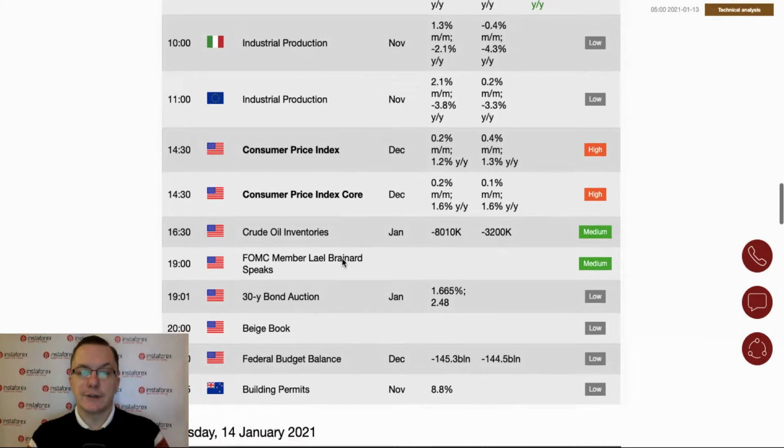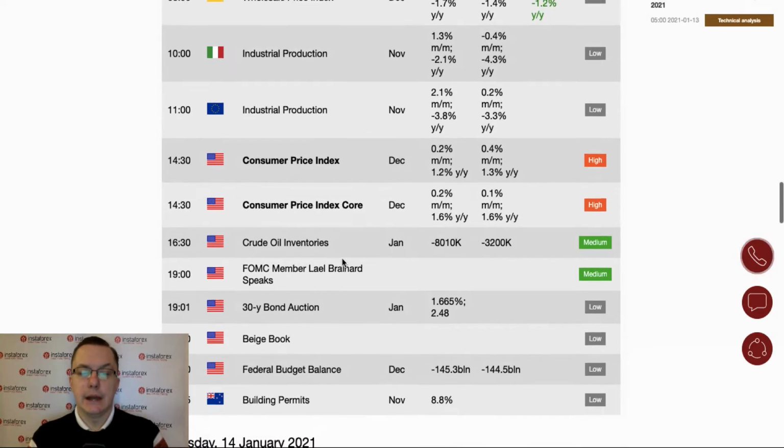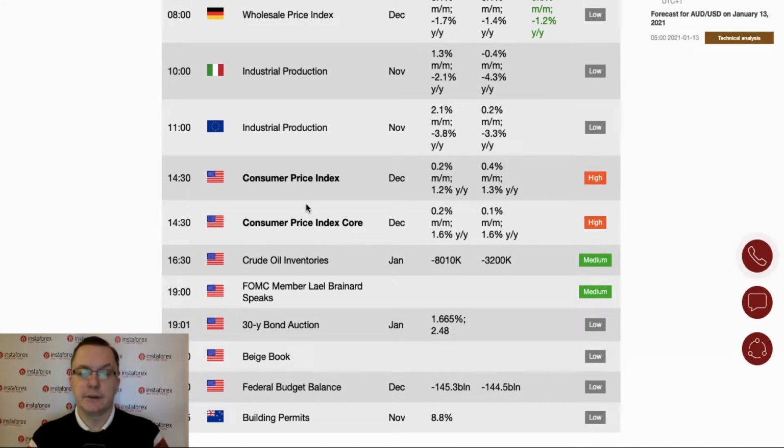Much more interesting will be the New York session, because we have high importance data to be released at 2:30, the consumer price index and the consumer price index core. So we will be able to see whether there is an inflationary pressure on the prices, because as you can see, the consumer price index is expected to increase from 0.2% to 0.4%.